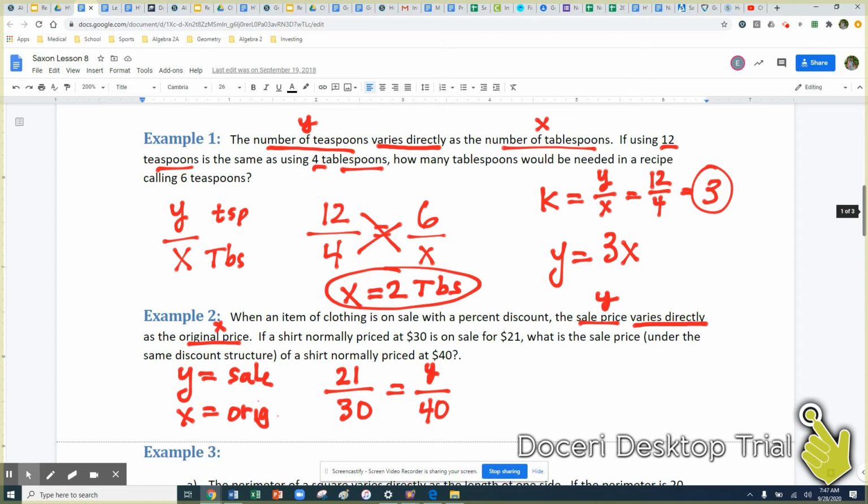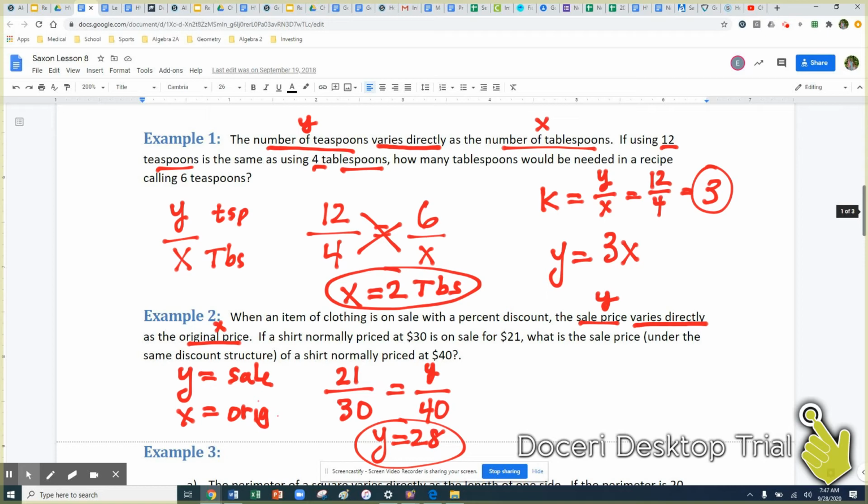So we would take 21 times 40 and then divide by 30. When we do that, we should get a sale price y equal to $28. So there would be our sale price. I'm not really going through the proportions because that should be something we've seen before.